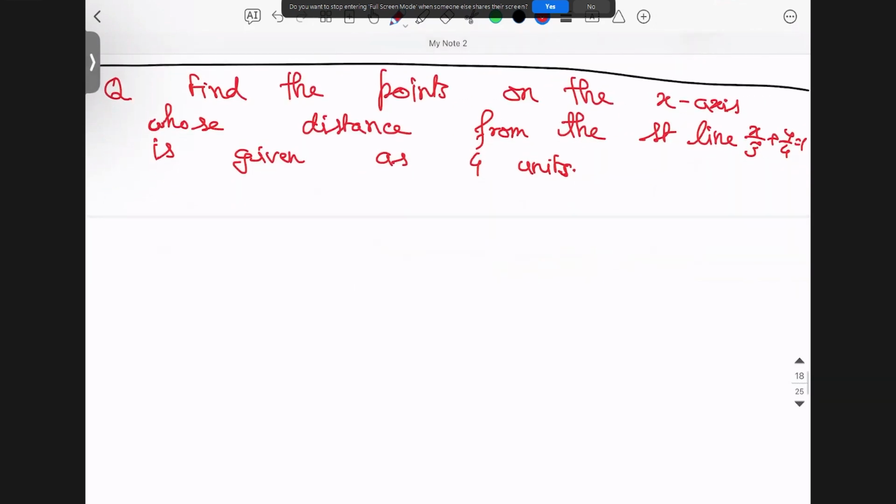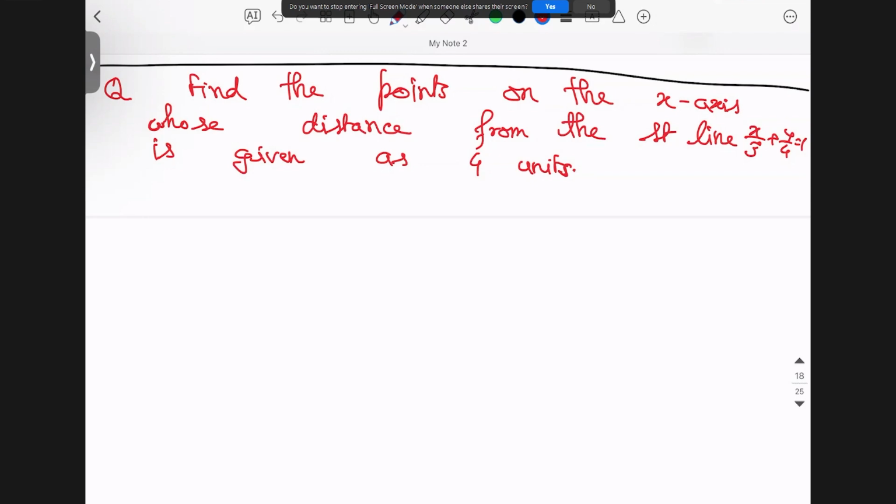Okay, so what we need to find is all those points lying on the x-axis such that the distance of the point on the x-axis from the given straight line will be 4 units.